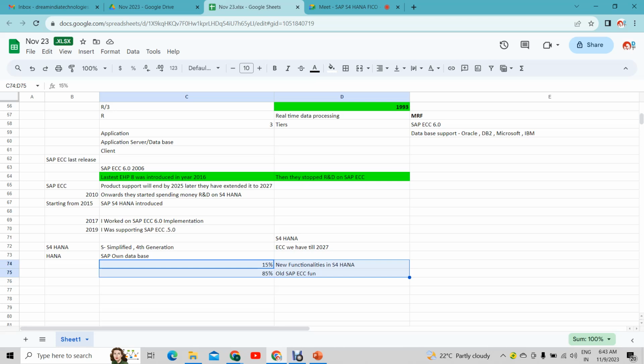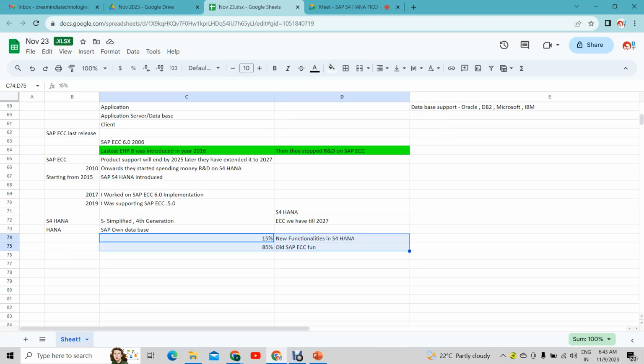Pathways, no issues. That is the reason you are learning S4 HANA, so that if you get an S4 HANA implementation project, you are good to do it. If you get an S4 HANA support project, you are good to do it. If you get SAP ECC projects, you are good to do them. There is no issue at all.